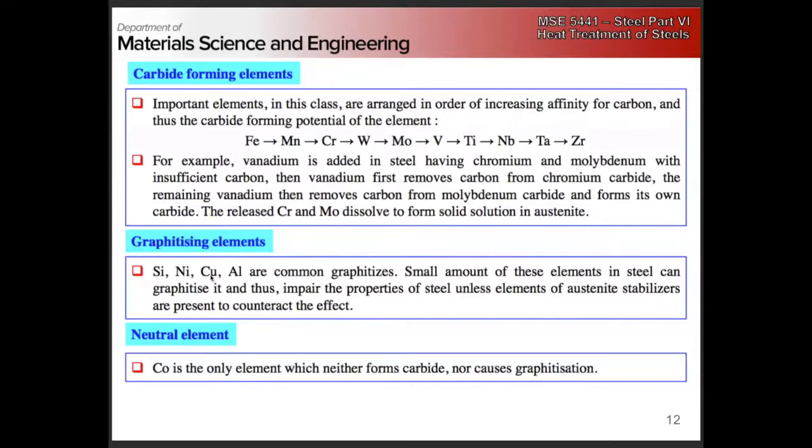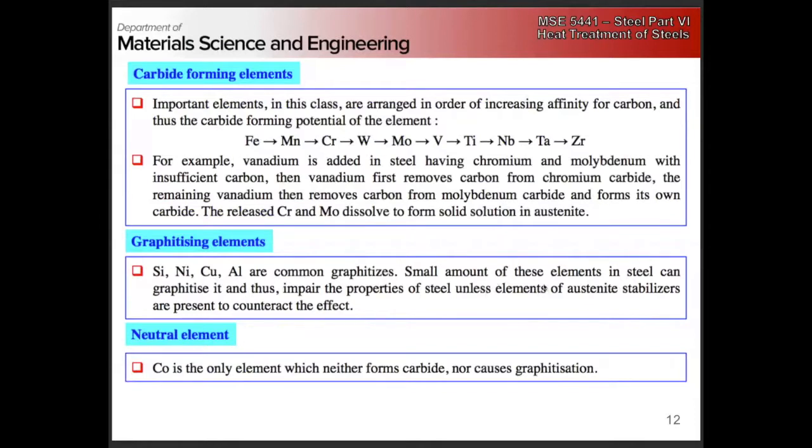Silicon, nitrogen, copper, and aluminum are graphitizing elements, right? So they will interfere with the cementite reaction and enhance the transformation to the equilibrium graphite phase of carbon, right? And this is really detrimental, right?